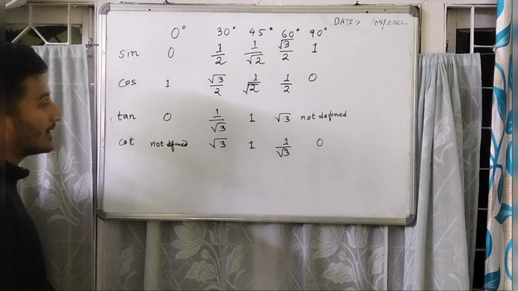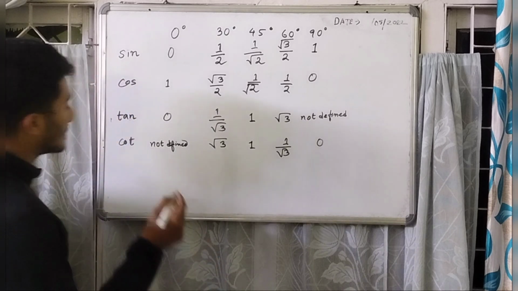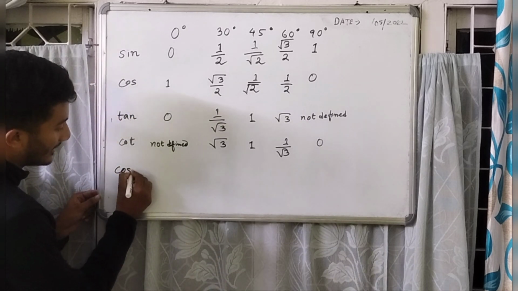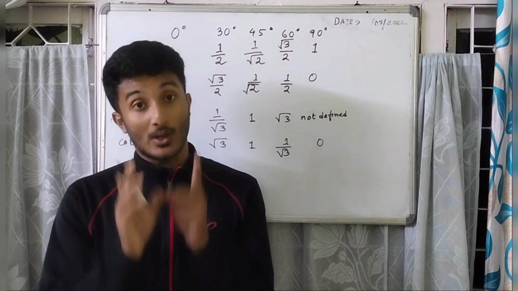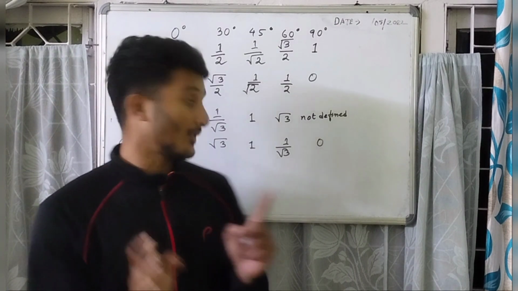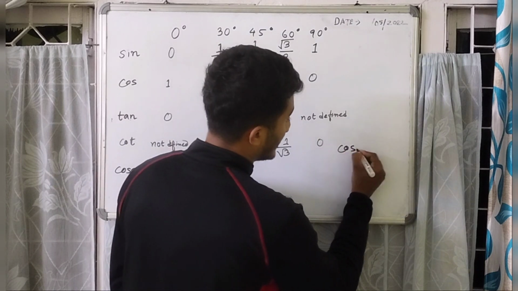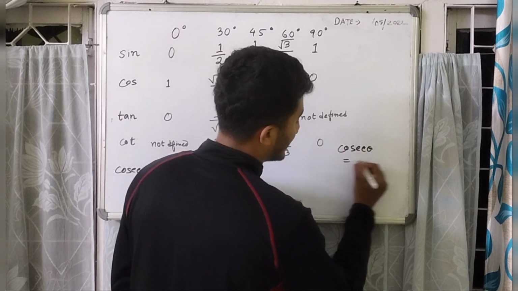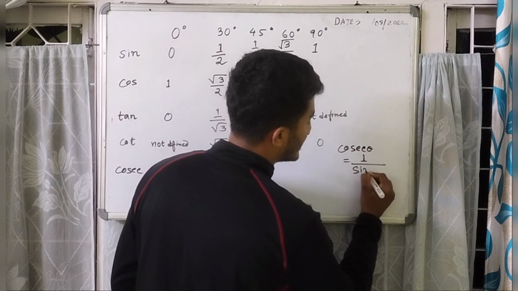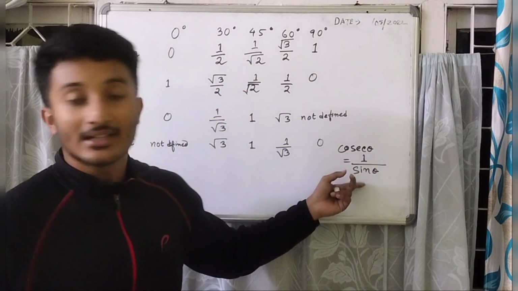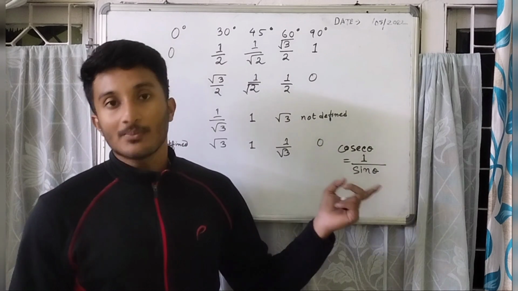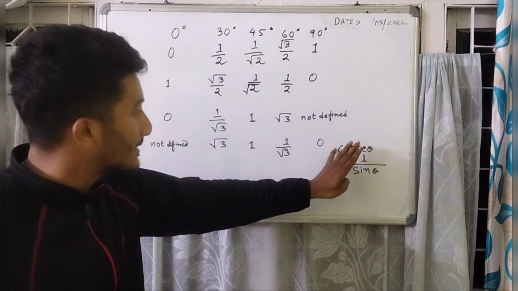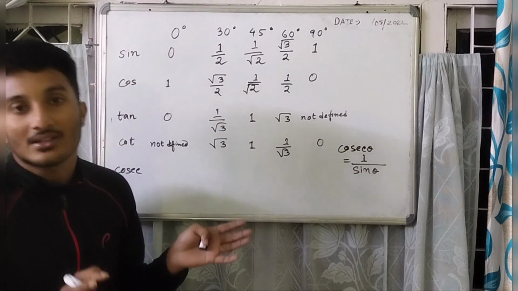Now we have to remember another trigonometric ratio, that is cosec. Very easy to remember, but for that we have to remember one trigonometric identity or formula, that is cosec theta is the reciprocal or the reverse of sin theta, or sin theta is the reciprocal of cosec theta. If we remember this trigonometric identity, then it becomes easier for us to remember cosec theta.